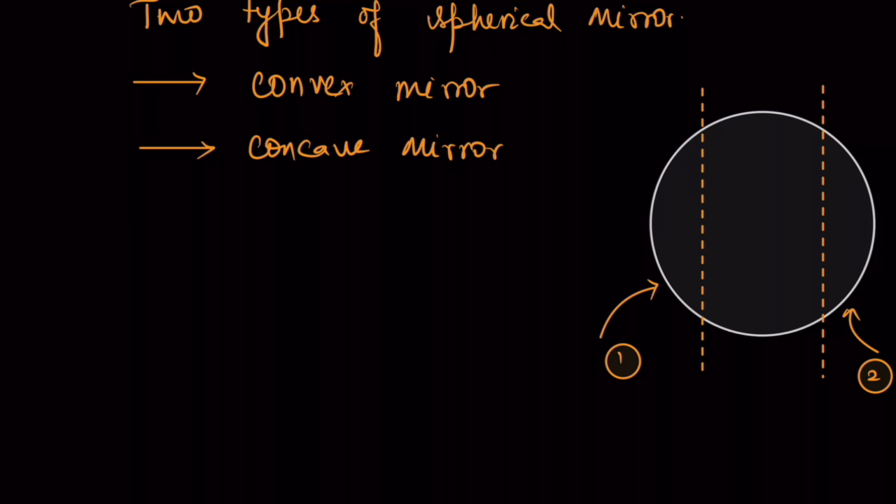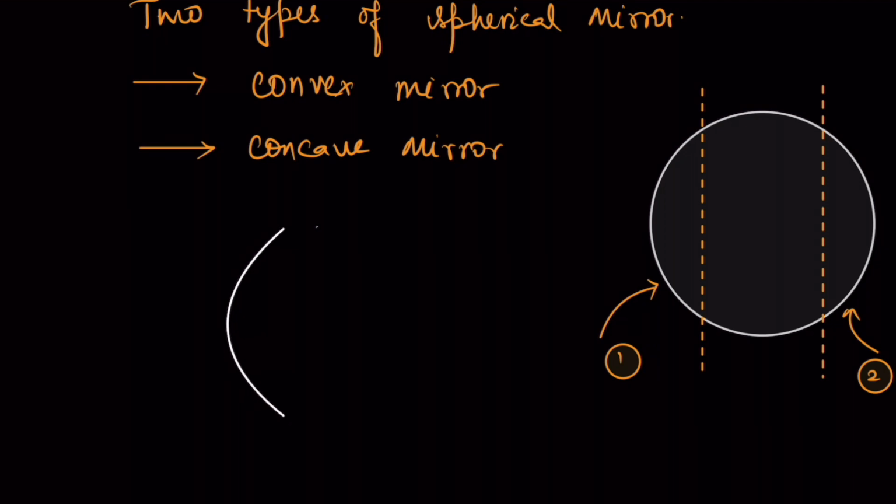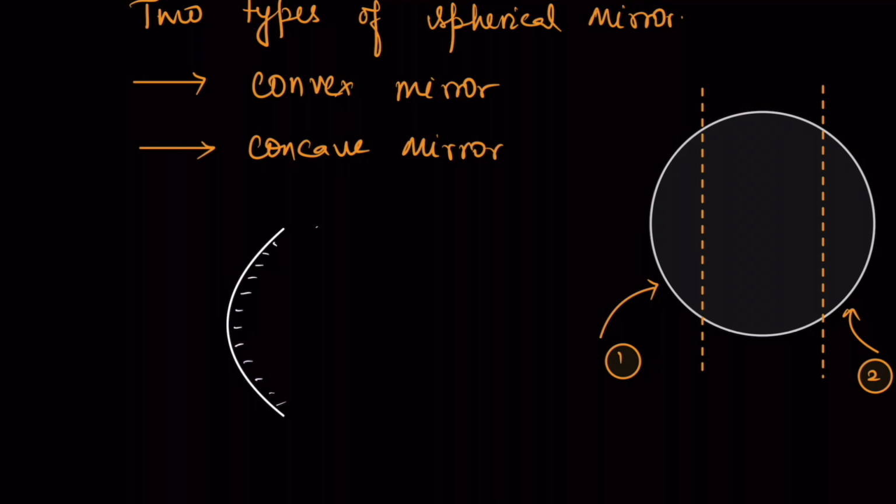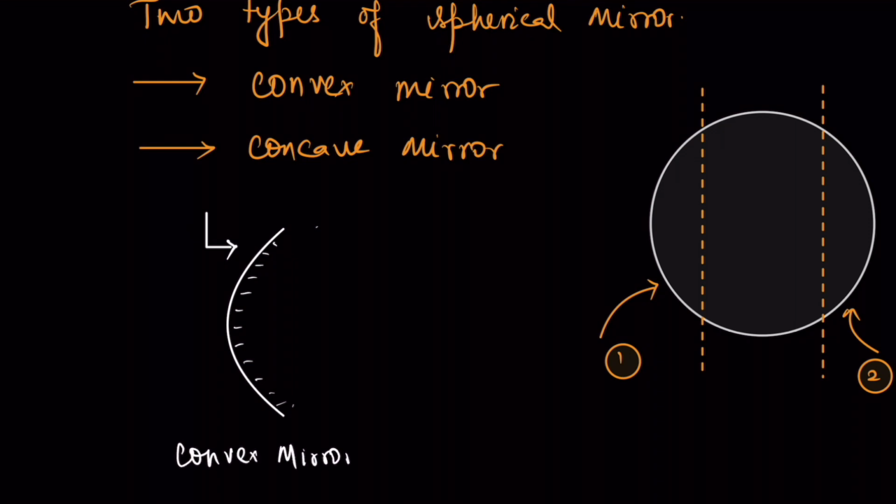So here this part 1, if I represent it, and we make the one side as non-reflecting side, this is a convex mirror.